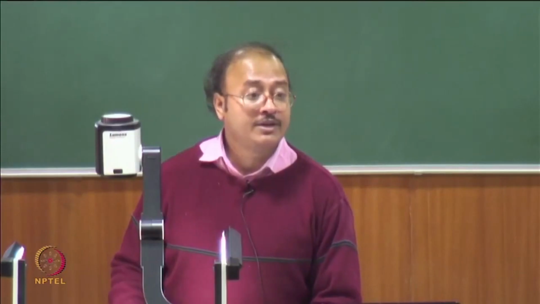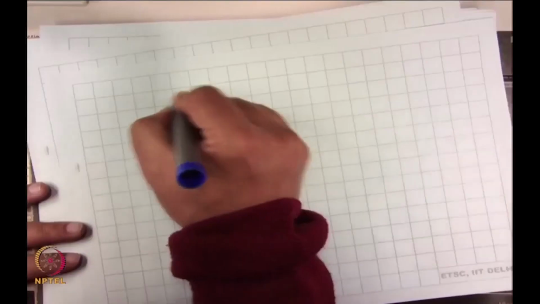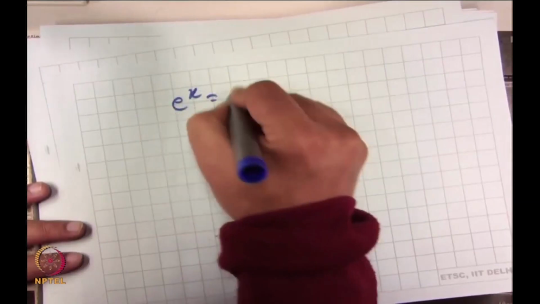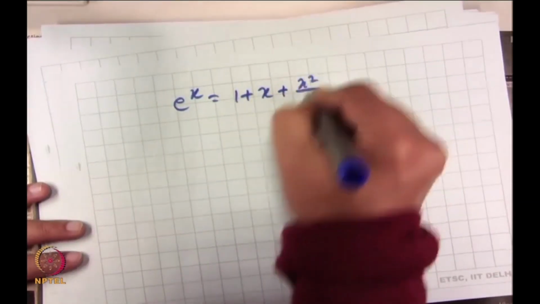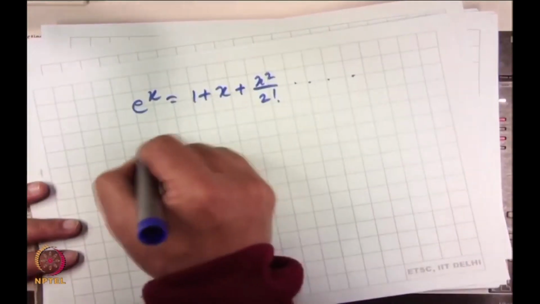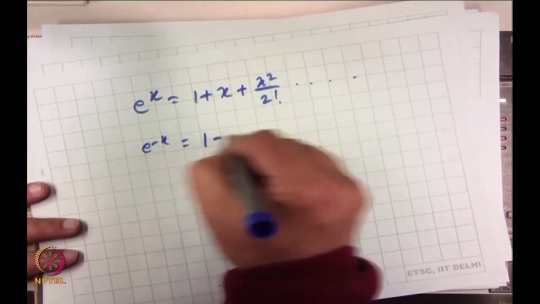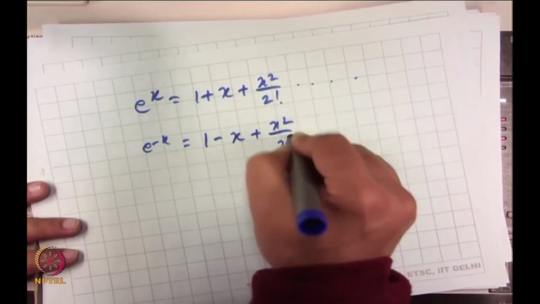Half e to the power x minus e to the power minus x, right? That is what it was. Now, what is e to the power x if x is small? 1 plus x plus x square by factorial 2 and so on. Then what is e to the power minus x equal to? 1 minus x plus x square by factorial 2 and so on.